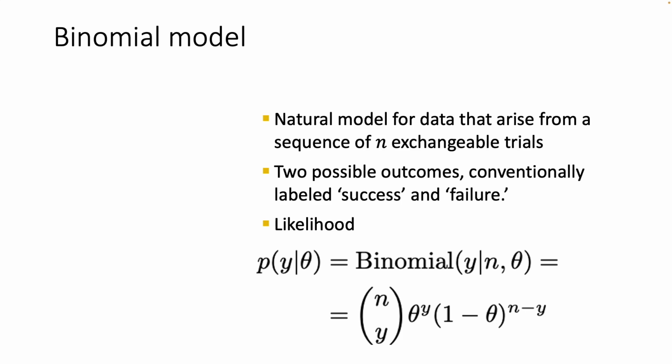This function checks how our values of theta in n trials correspond to our model. It is given by theta to the number of successes and 1 minus theta to the number of failures, so the results that are not a success, multiplied by a constant depending on the number of trials and number of successes.